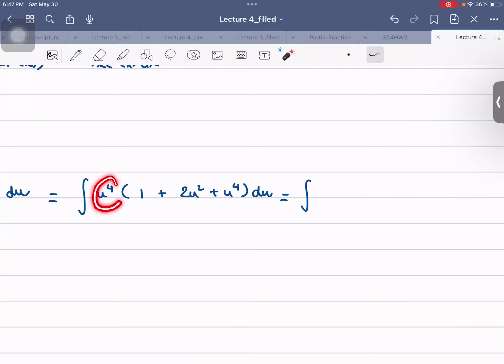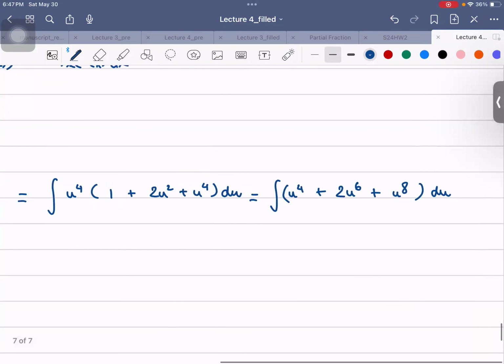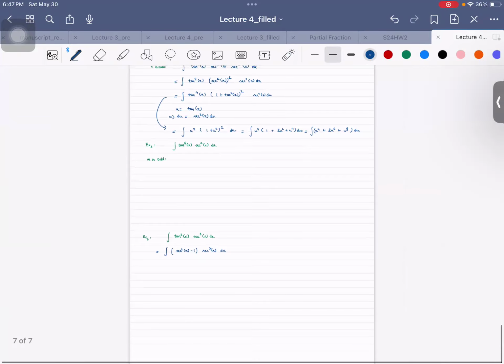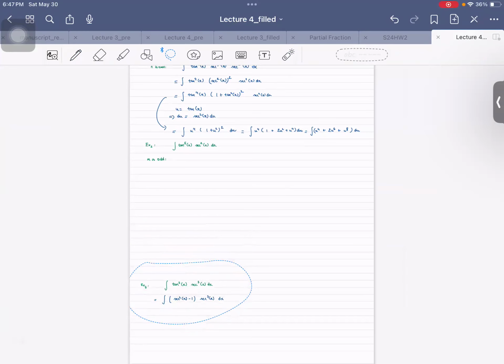You distribute u to the power of 4 into the parentheses. You have u to the power of 4 plus 2u to the power of 6 plus u to the power of 8, du. And then you just use the power rule to finish your integration.